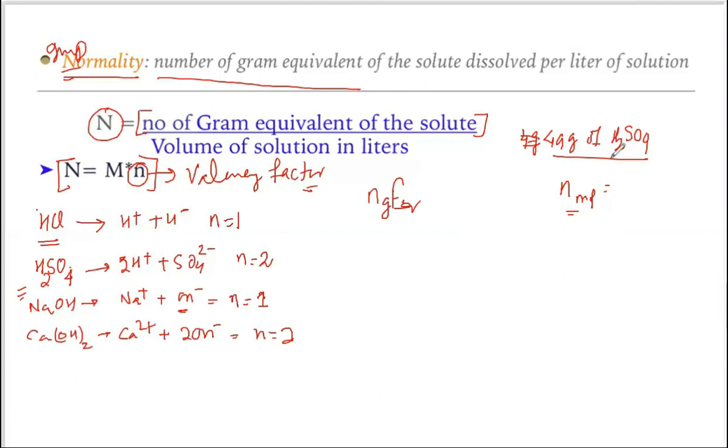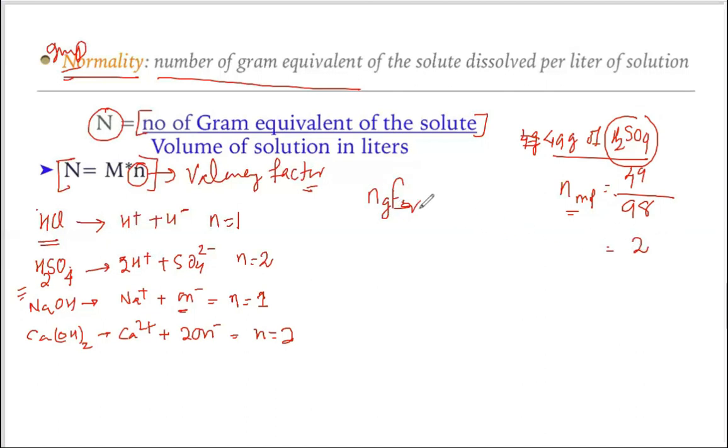As we already know, how can we calculate number of moles? It is given mass of solute, that is 49, whole divided by the molecular mass of H2SO4, that is 98. If we calculate the number of moles, it will give us 0.5.